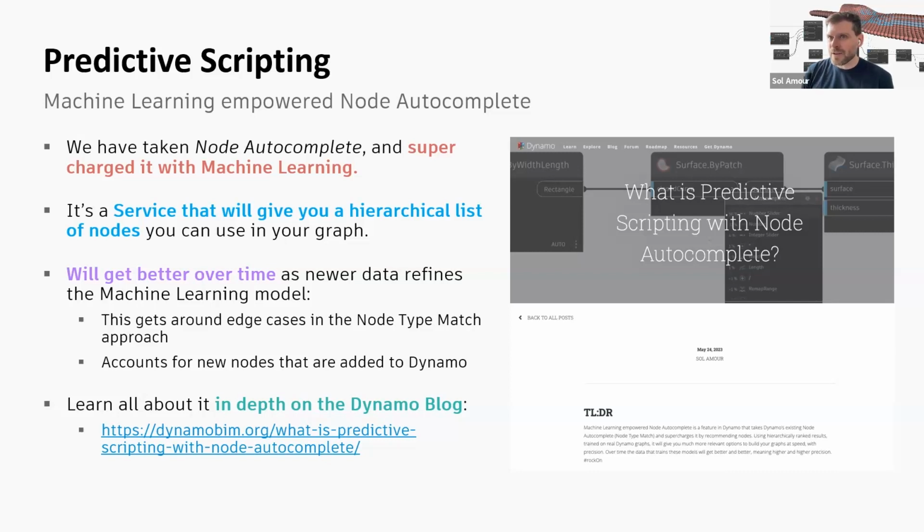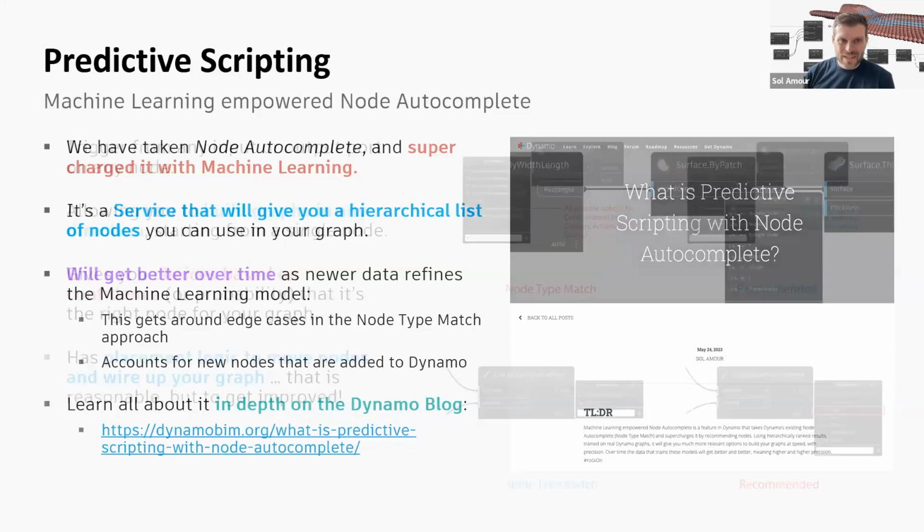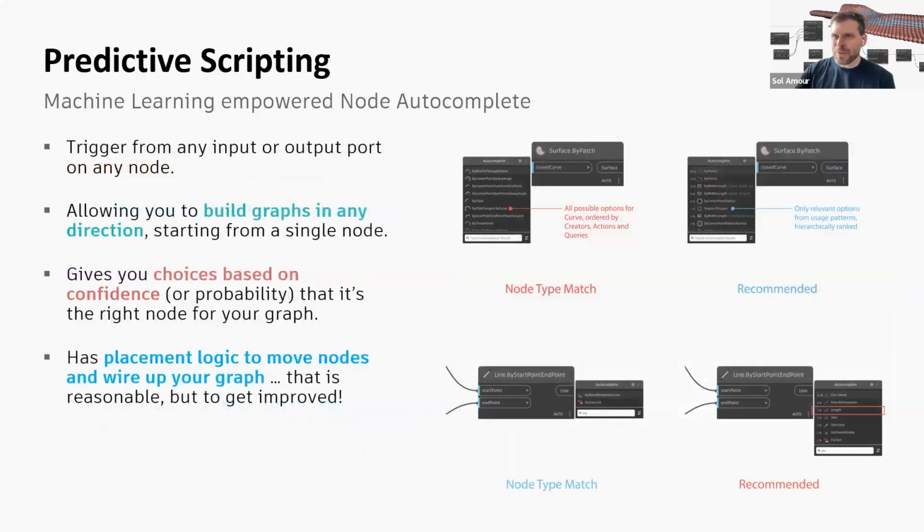It is a singular node with a singular port, and how many different nodes have come in and out of that based on a bunch of different training graphs that Jacob gave, I gave, we had in our sample data and so on. Cool thing about that is it's great today, but it's going to get even better as time goes on. And we're working on improving and auto-training that model over time. So very excited on that front. And you can learn all about it in that blog post, as I just mentioned.